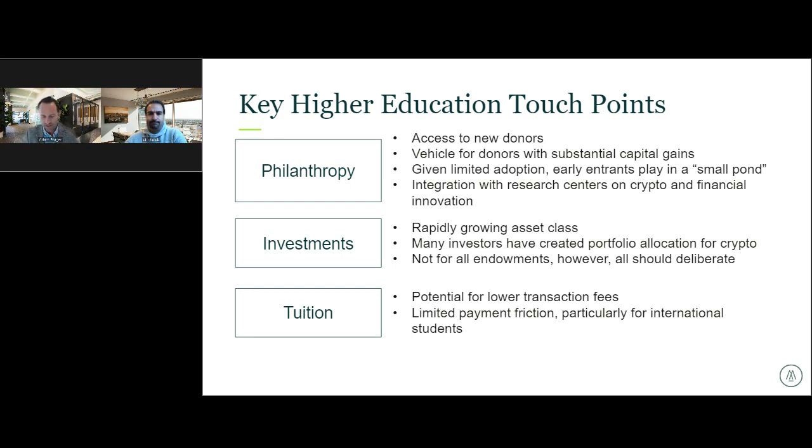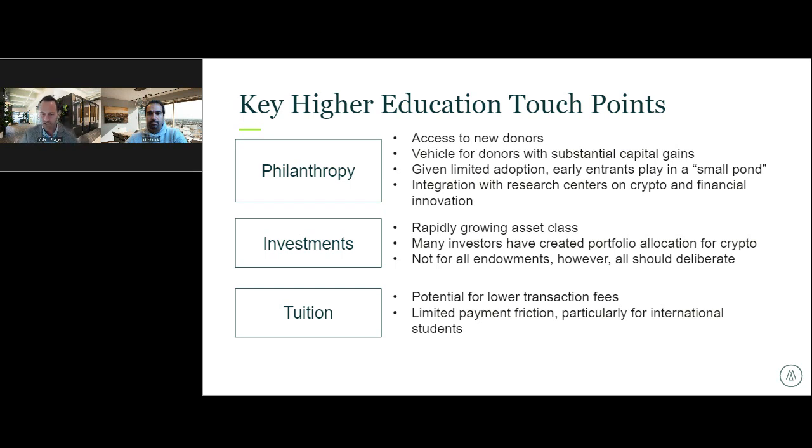So philanthropy is a good vehicle to build new donors, to access new donors. And certainly there are some people that are sitting on pretty large capital gains. So for those that get in early, it might be an opportunity to gain access to this cohort of individuals. I'll talk a little bit about integration with research centers.